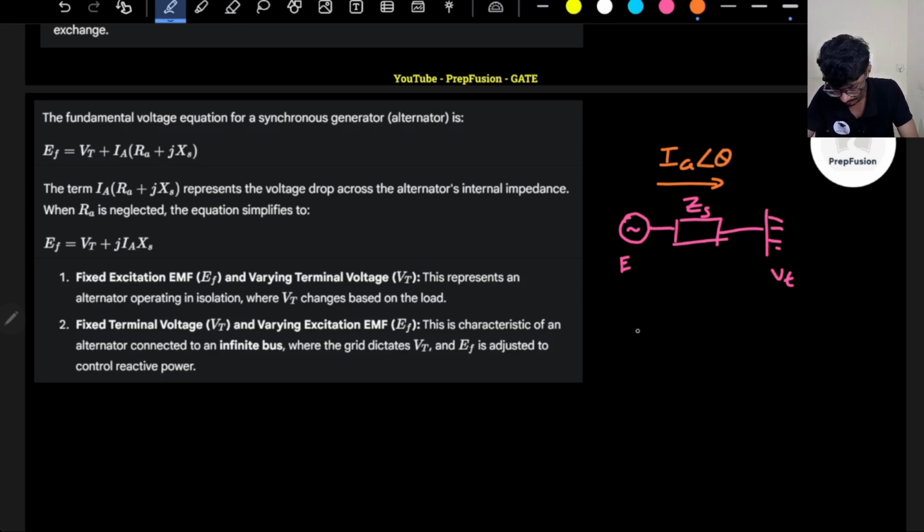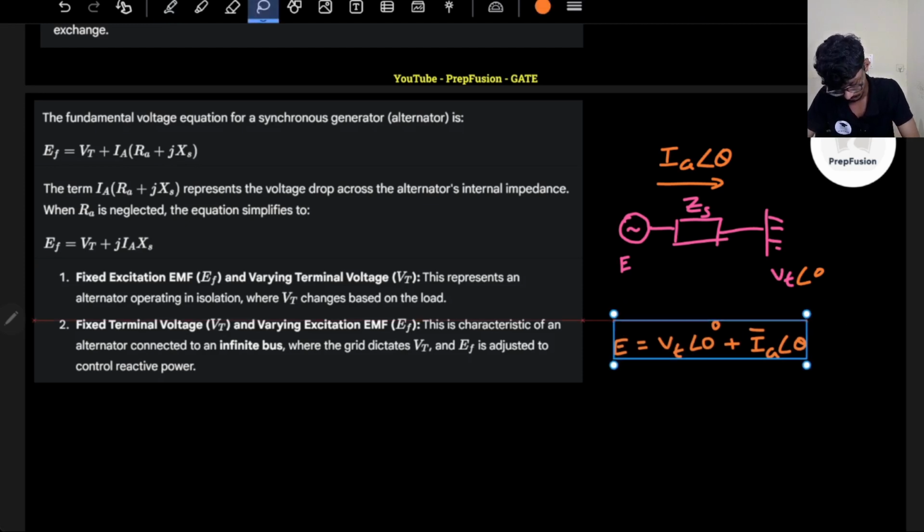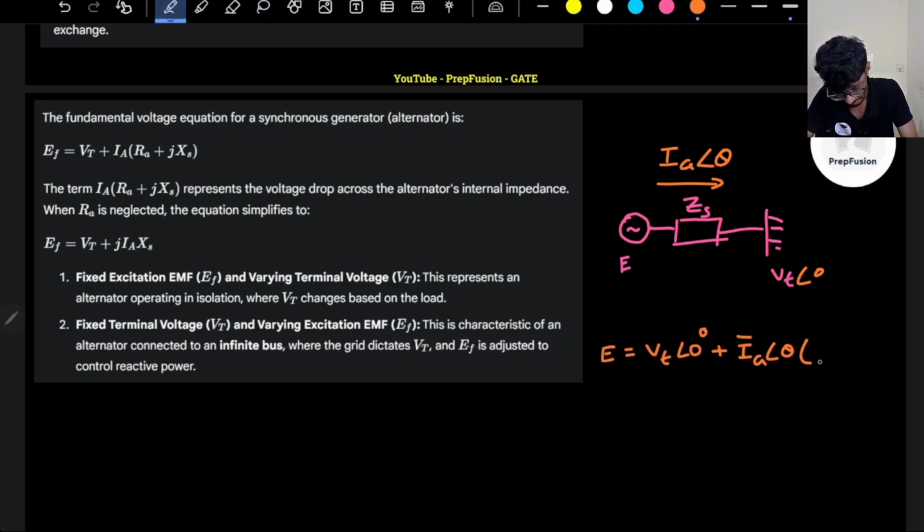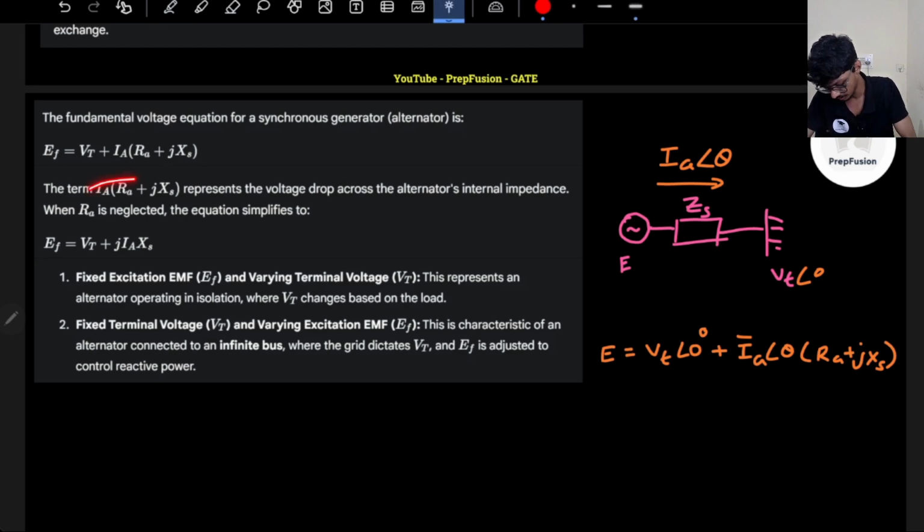Basically I can write the same equation that they have written over here: E_f = Vt angle 0, because it is the reference, plus Ia angle theta times (Ra + jXs). The term Ia Ra represents the voltage drop across the alternator's internal impedance Zs.